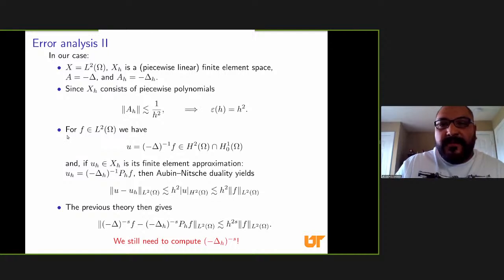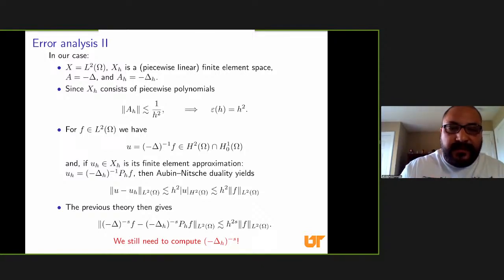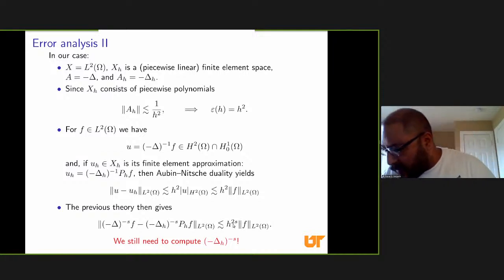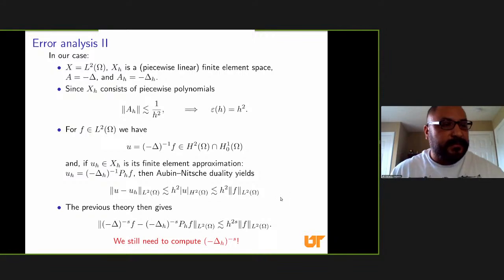Using, for instance, full regularity and an Aubin-Nitsche duality trick, you can show that the approximation of the Laplace problem using finite elements is of order h squared. And so this previous theory tells you that if we were going to take this direct discretization approach, then the error that you commit in L2 is of order h to the 2s, which I think is some of the results that Luke was already getting.